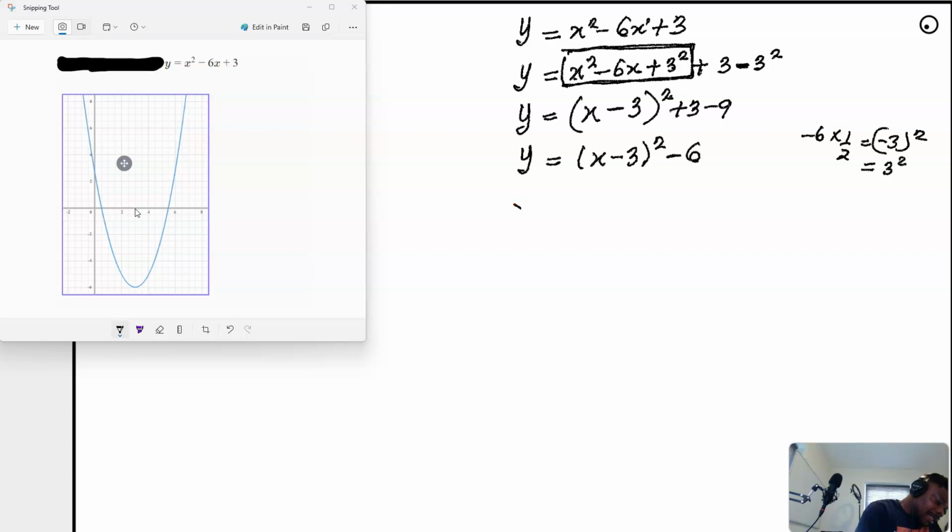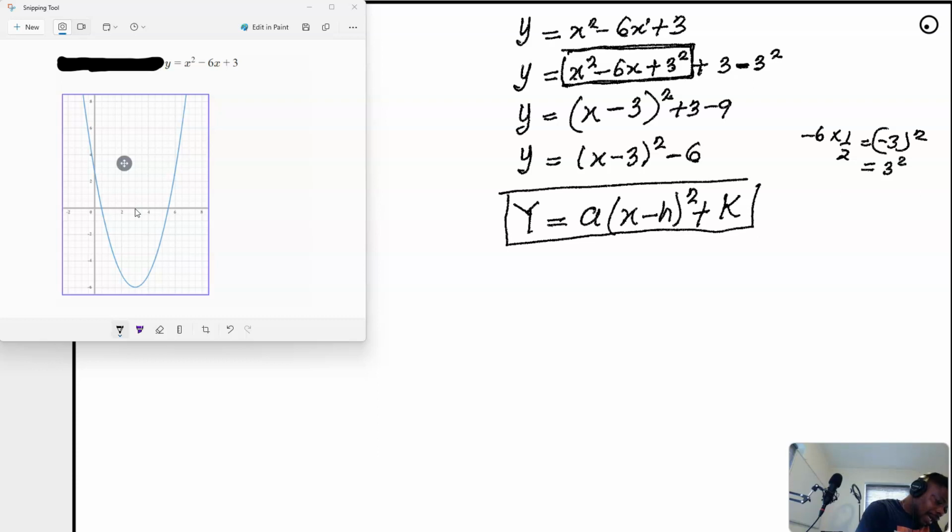Remember, this is the same compared to our general equation, which is this plus k. Our a here is 1. x is x. Minus is minus. That means h is 3. And our k is minus 6. But remember, what is k? k is the y value.